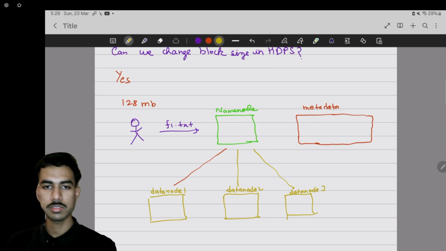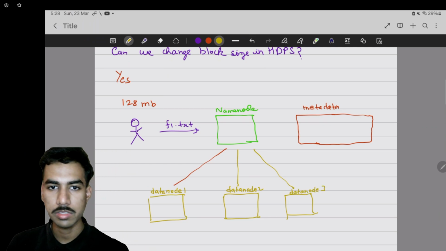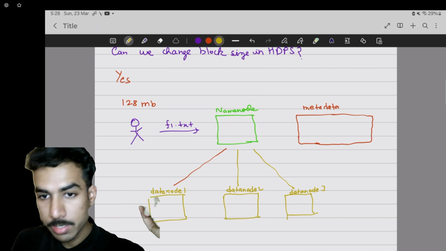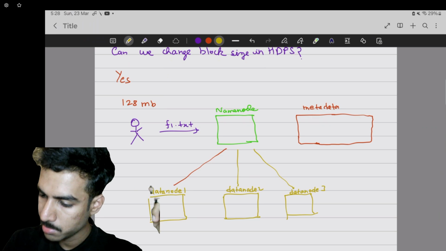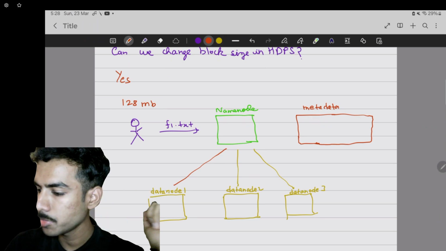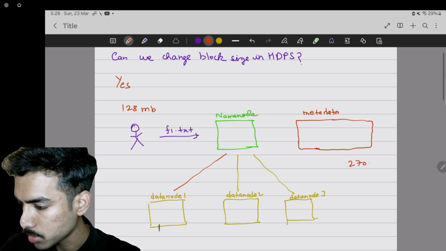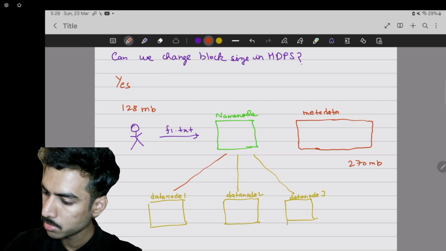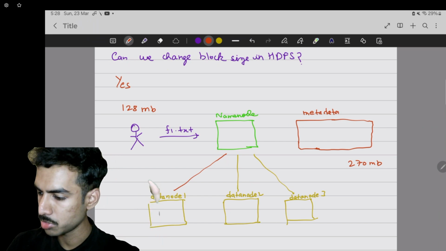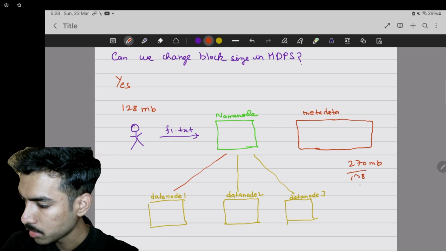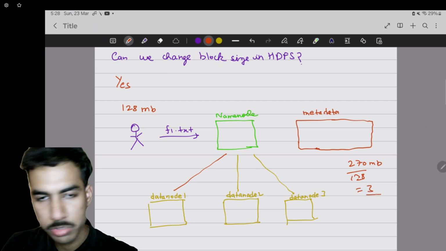Is this much clear? Next thing. Let's say the size of f1 is, let's keep it the original, 270 MB. So we saw the previous situation: it will get stored as 270 divided by 128, which is roughly 3 when rounded off.